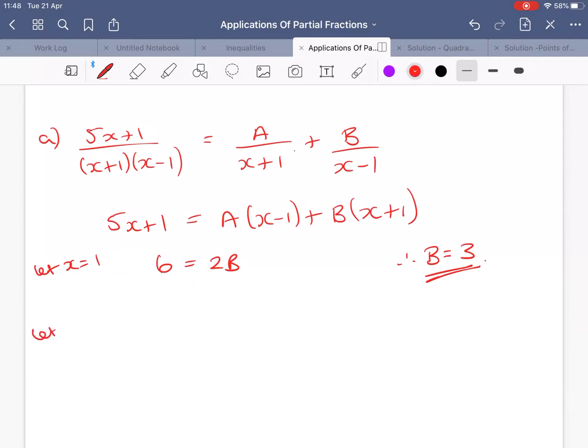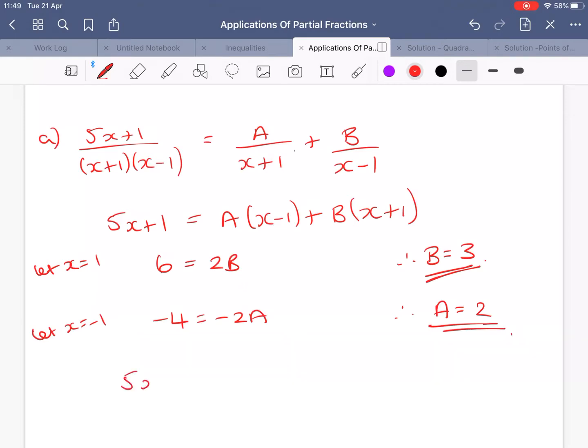Second substitution we're going to use is x is minus 1. So minus 5 plus 1 is minus 4 is equal to, this time the A term is going to survive, the B term is what's going to disappear. So we're going to get minus 2A. So therefore A is 2.